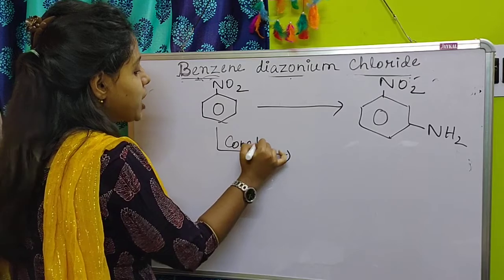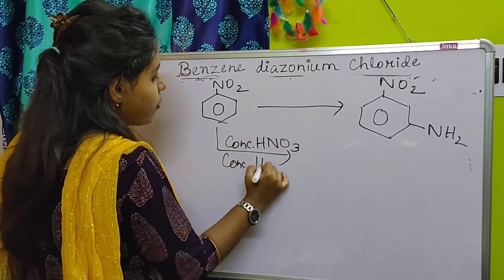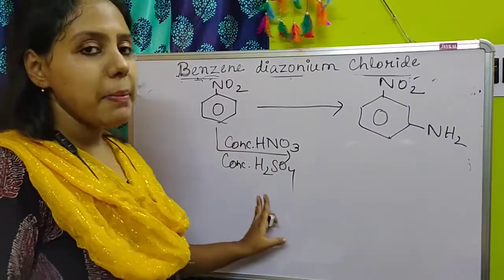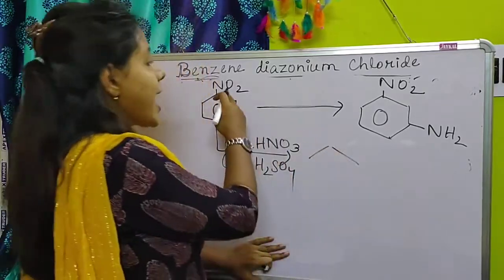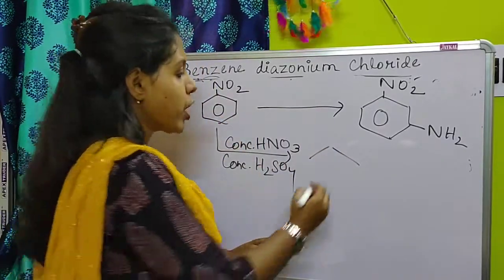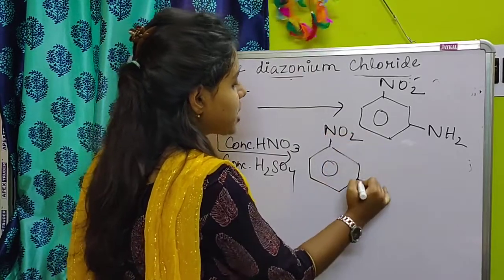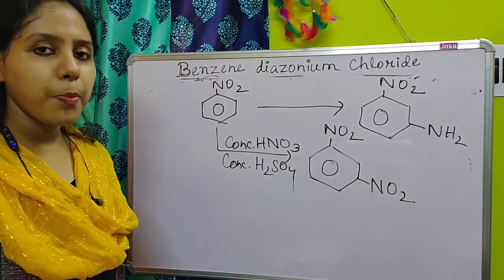Nitration means addition of concentrated nitric acid and concentrated sulfuric acid. So after adding the mixed acid to the nitrobenzene, it will be converted, since nitro is a meta-directing group, so another nitro group will be added to the meta position.